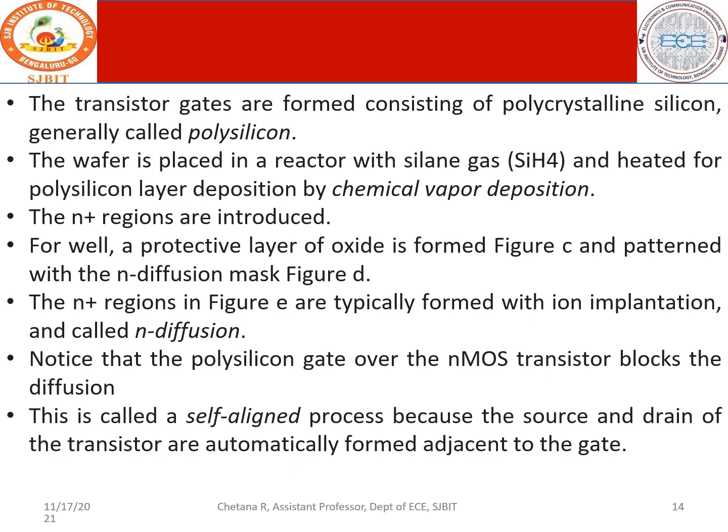Notice that the polysilicon gate over the MOS transistor blocks the diffusion. And this process is called self-aligning because the source and the drain are automatically formed. Once you have the polysilicon and you do the necessary diffusion, it is possible to have N-type regions, especially the source and the drain. Since polysilicon is already created, the other two terminals are created by themselves, and this is called self-aligning.